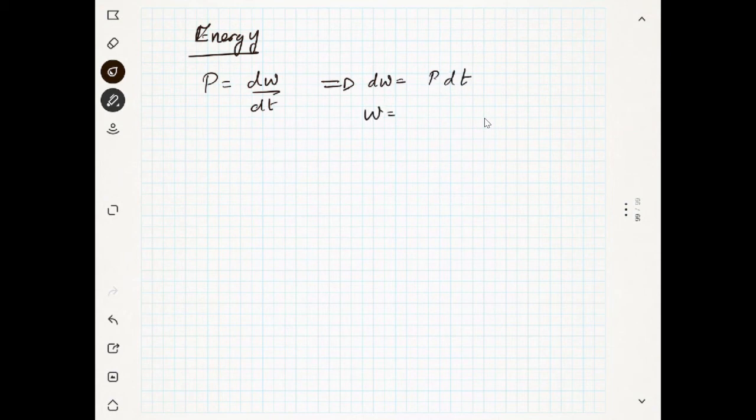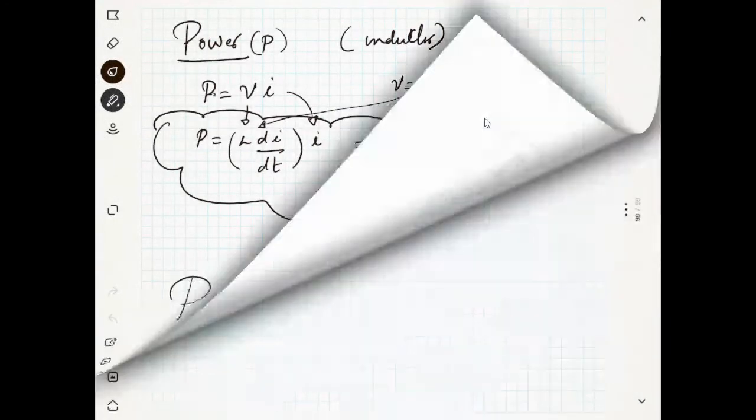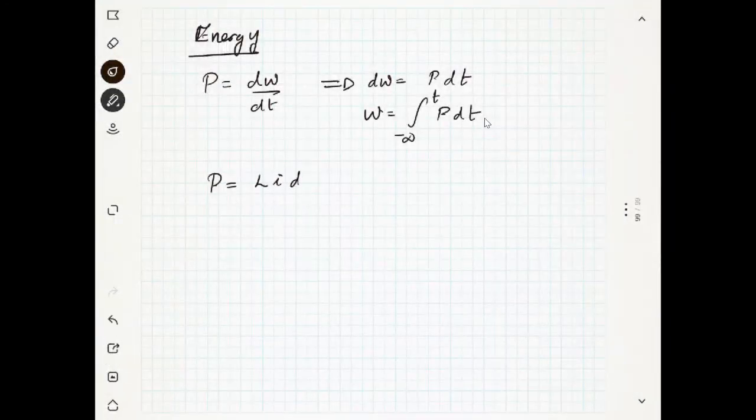Then W is the integral from minus infinity to t of P dt. And you know that the power across the inductor, we have already seen, is L i into di by dt. So the work, or energy stored in the inductor, is how much energy the inductor is storing currently, depending upon the current.